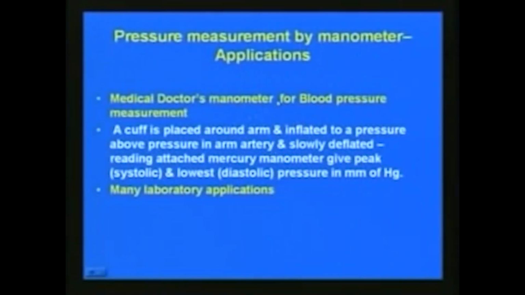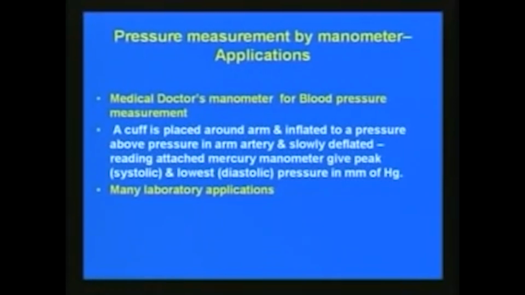Now this manometer can be used for many applications. One of the generally used applications is pressure measurement by medical doctors. Medical doctors use the manometer for blood pressure measurement. All of you have experienced how doctors measure the blood pressure.